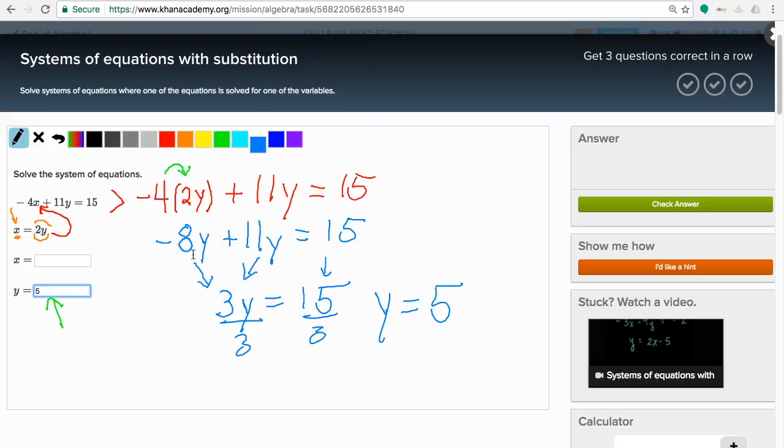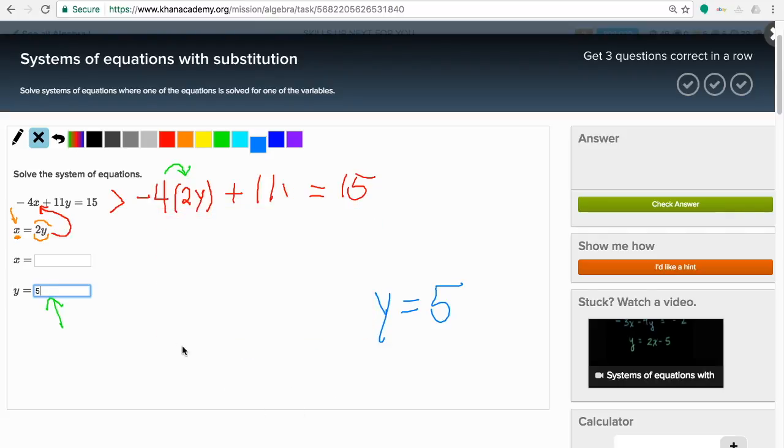Okay, cool. Now that we have figured that out, we take that value of 5, and maybe I won't erase it, but leave it there. We take that value of 5 that we just found, and we plug it back into really either one of these equations in order to find out what x is. We can put it in the bottom one, because that will give us a pretty easy path towards figuring out what x is.